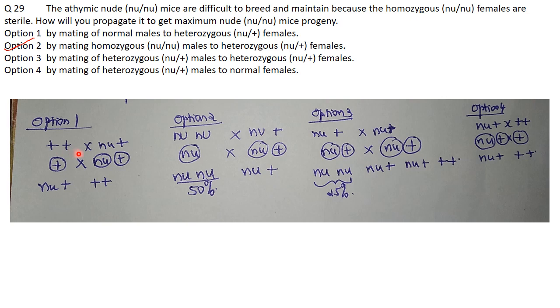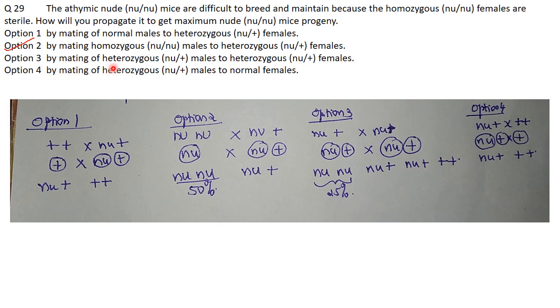So these are the normal males and this is nu/+ female. You don't get any nu mice progeny over here. Then option 2, by mating homozygous nu males to heterozygous nu/+ female. There you get 50% nu mice progeny. But they have told that you should get maximum nude mice progeny, so we have to see the other options also.